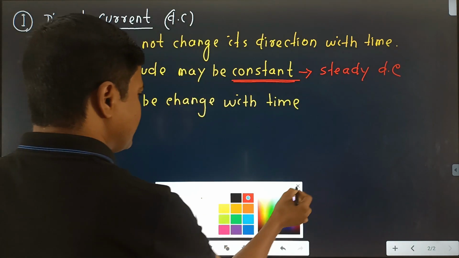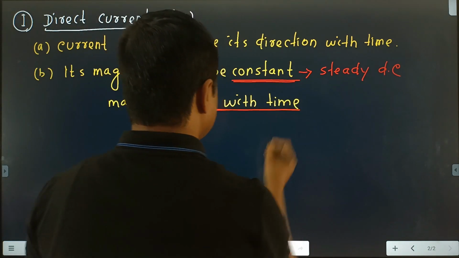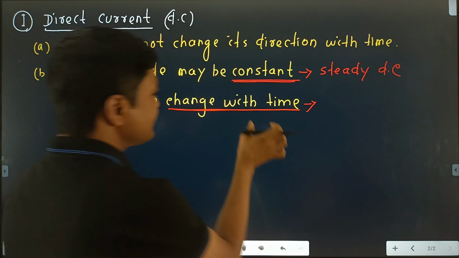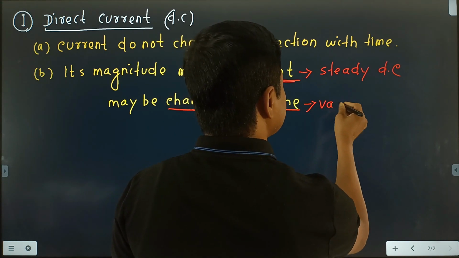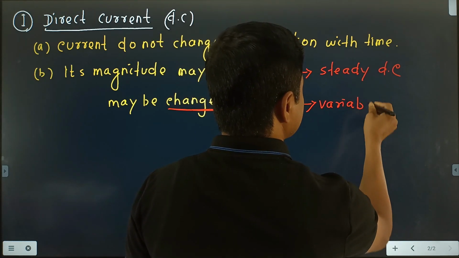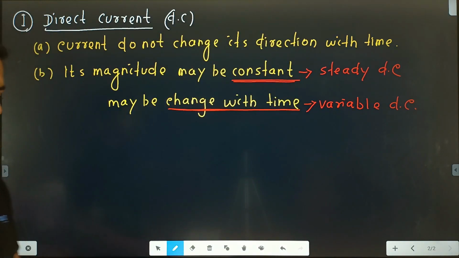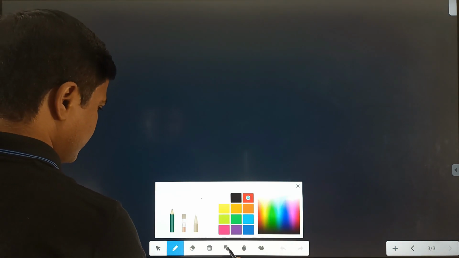If the magnitude of the current is not constant, then this type of direct current is known as variable direct current. Clear? And here we draw the graph.